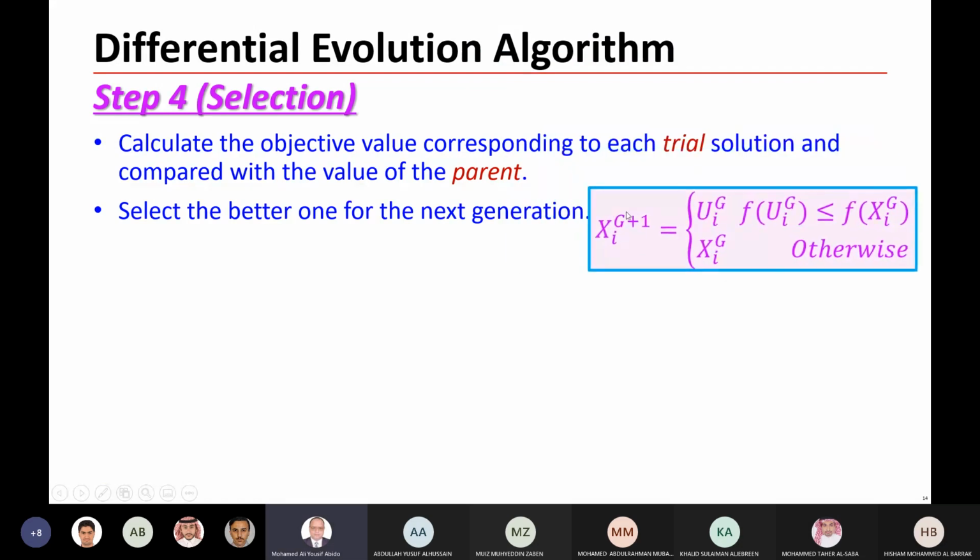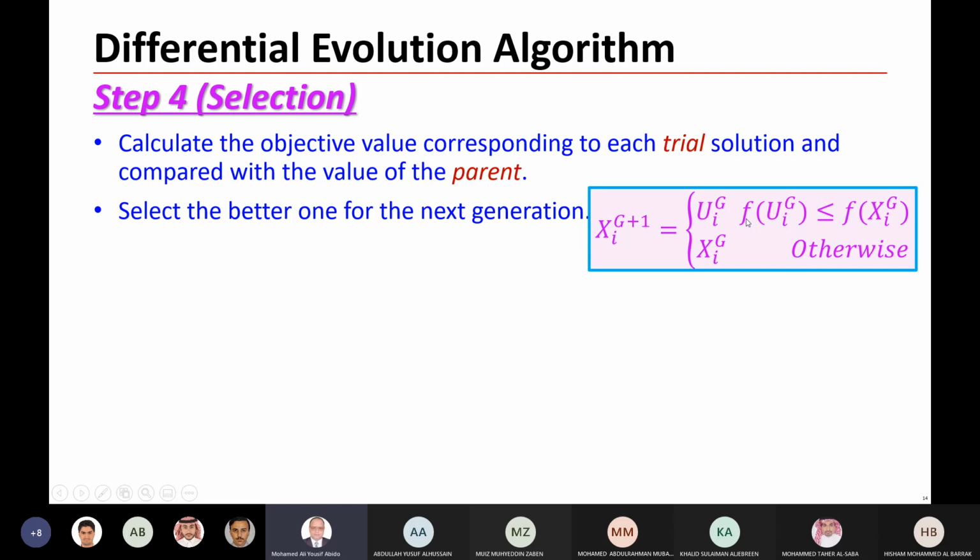So the vector that will be carried to G+1, the next generation, is either the trial solution or the parent solution from generation G here.